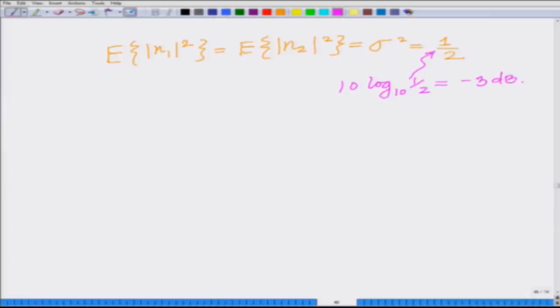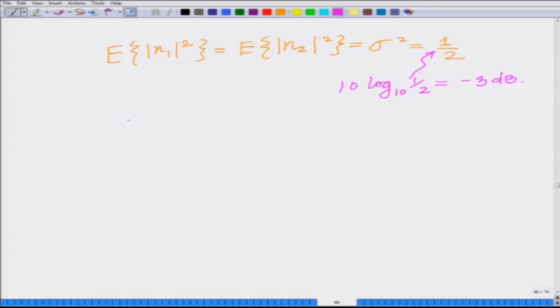So, we are assuming a noise power of half per antenna, or noise power of minus 3 dB at each antenna. That is, noise elements n1 and n2 have equal power sigma square, which is equal to half or minus 3 dB.